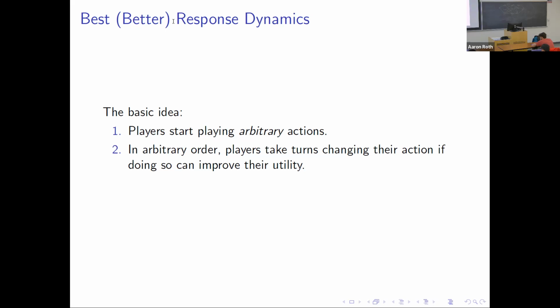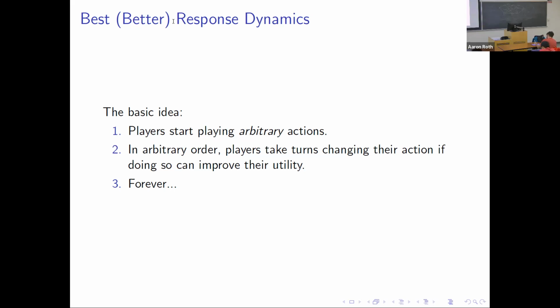I'm just assuming that they're changing their action to something that decreases their cost. There could be many such things, and I don't care which one they pick. Yeah, I mean, it could be. A greedy approach would be, pick the absolute best thing you can do given what everyone's doing now. I'm not even requiring they do the absolute best thing, just something that improves a little bit. And this will just keep going forever or until it can't go anymore because everyone's doing the best that they can be already.